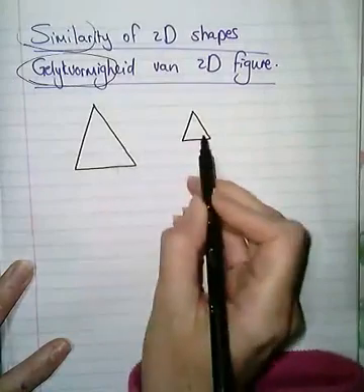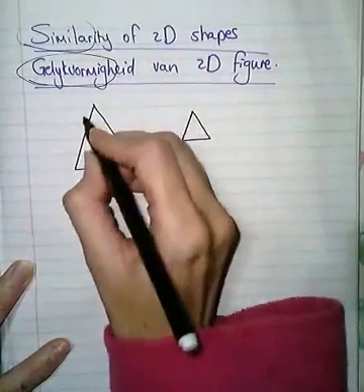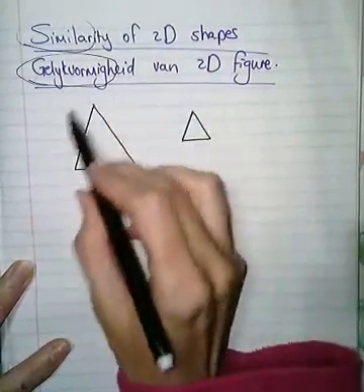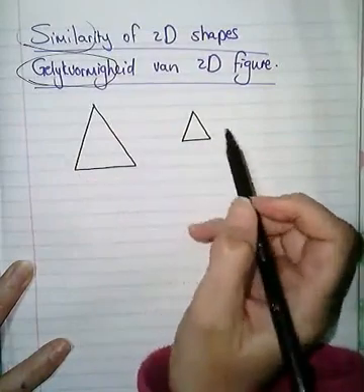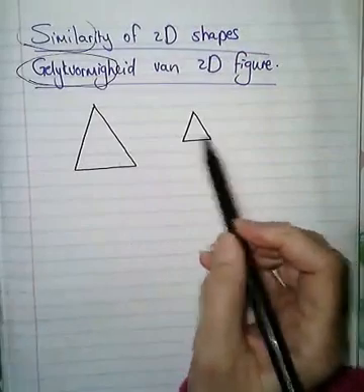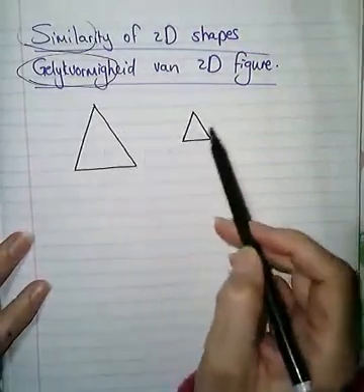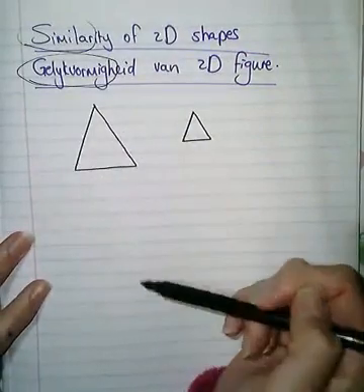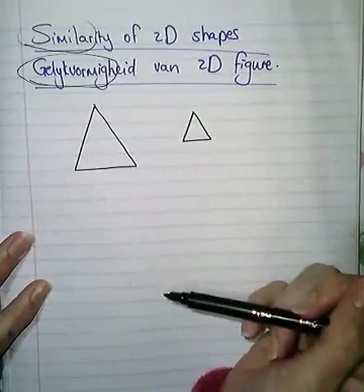So hulle het dieselfde vorm, maar al hulle groottes is presies in verhouding. So two shapes are similar if the lengths of their sides are all in direct proportion.